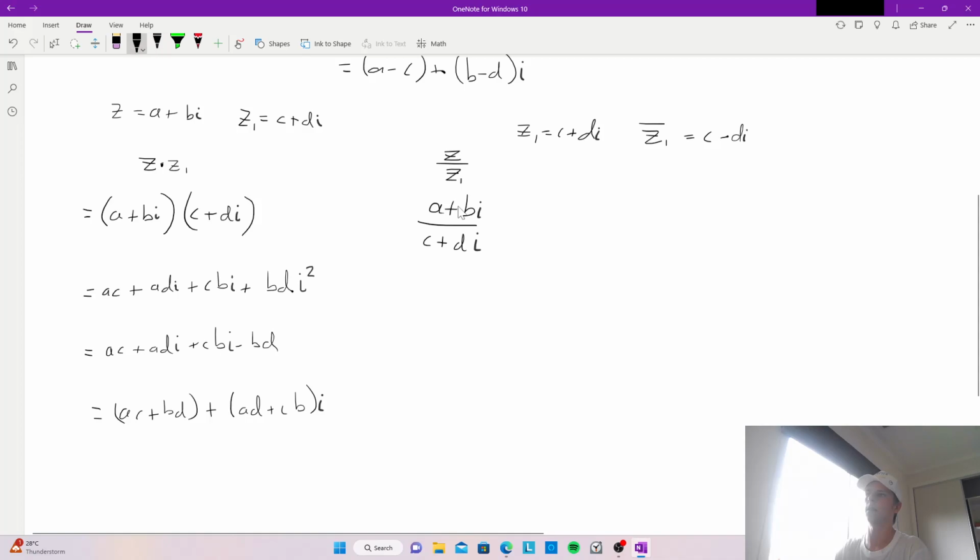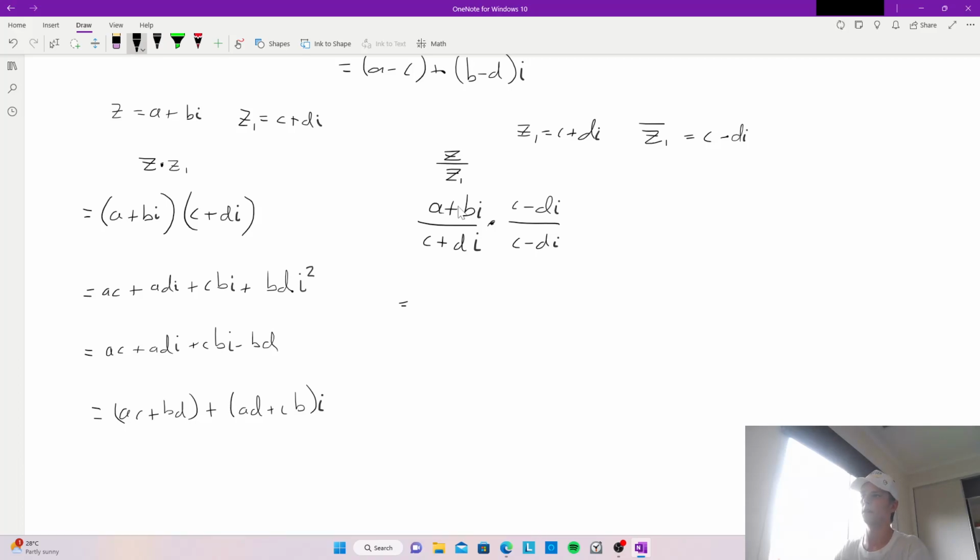And it's as simple as that. So you multiply this by C minus Di on top, and then over C minus Di, which in reality is equal to 1, because that's just how it is.